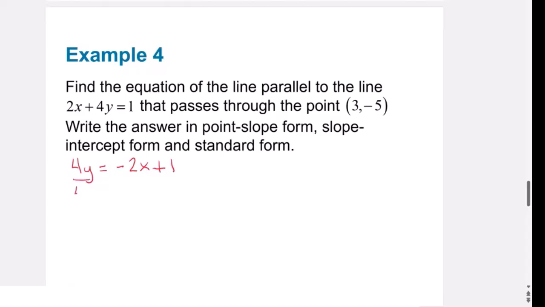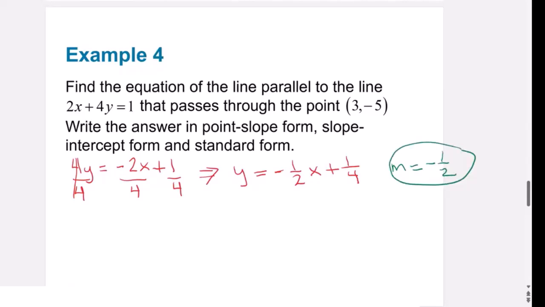Divide everything by 4, which gives me, these cancel, and I get y equals, and negative 2/4 is really the same as negative 1/2 times x plus 1/4. And now I know that my slope is equal to negative 1/2, which is what I need, okay?